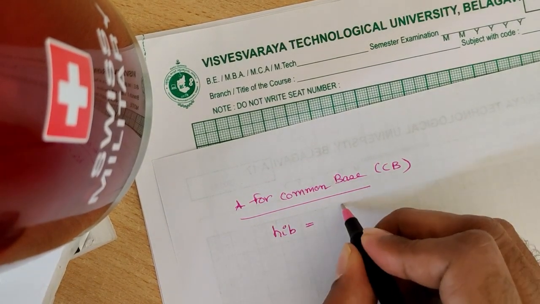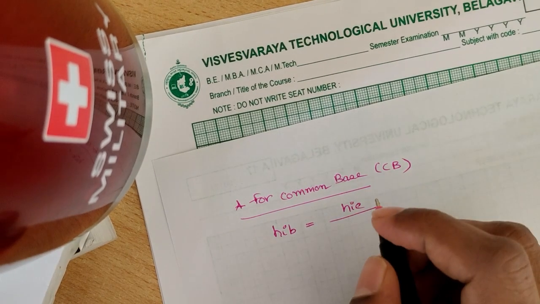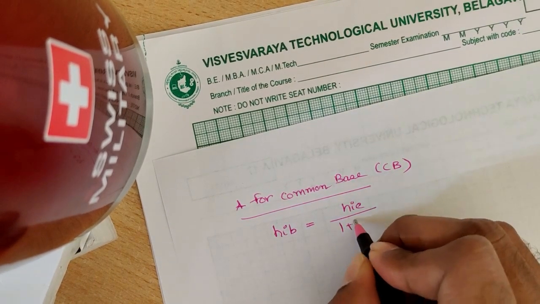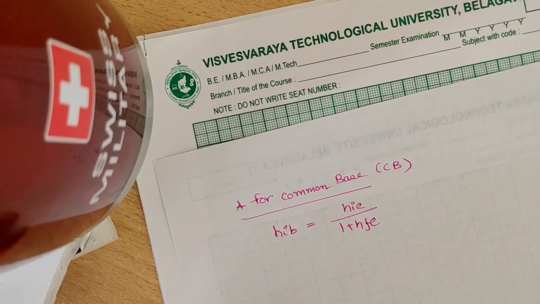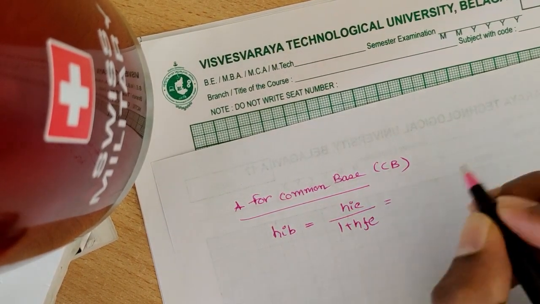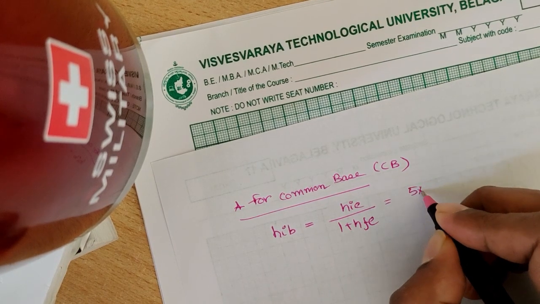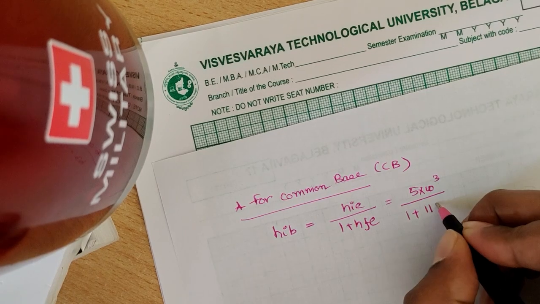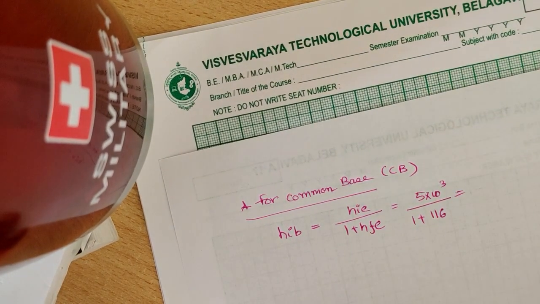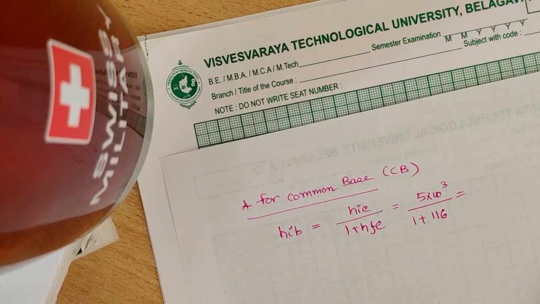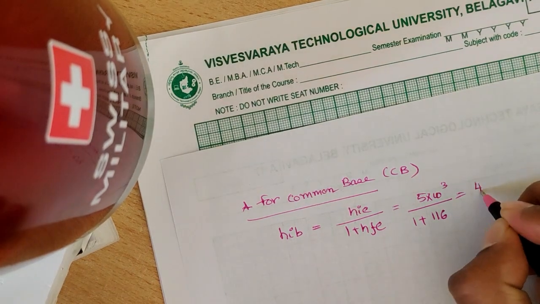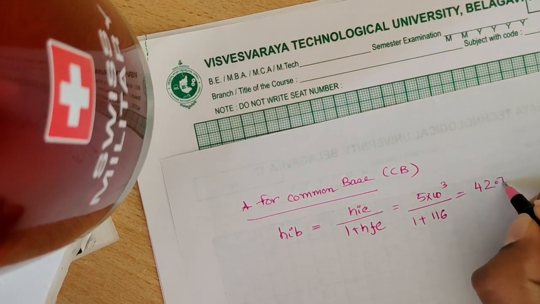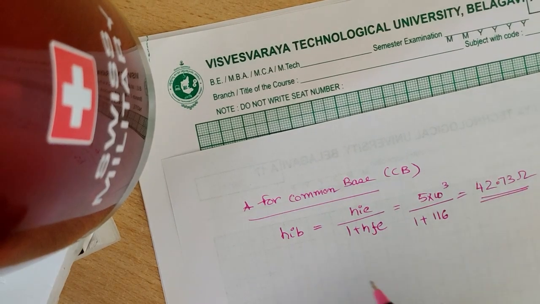So HIB is HIE divided by 1 plus HFE. So that is equal to HIE, 5 kilo ohm, divided by 1 plus HFE. HFE we obtained as 116. So that is 42.73 ohms. So that is your HIB.